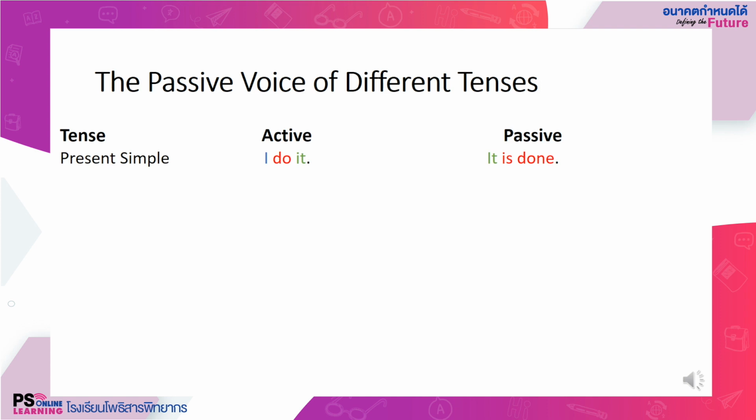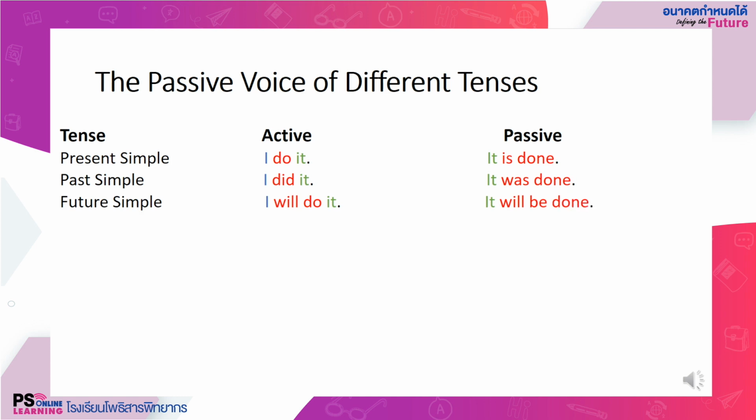To be verb needs to be in present simple form, which is, it is plus past participle done. Past simple, I did it. So past simple form of to be verb is was or were. So it would be it was done. Future simple, I will do it. To be verb with will, it will be done.